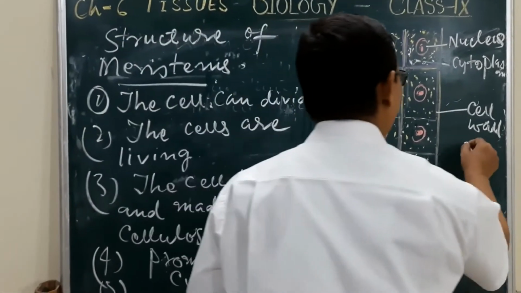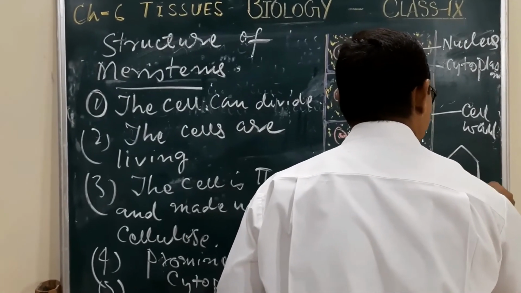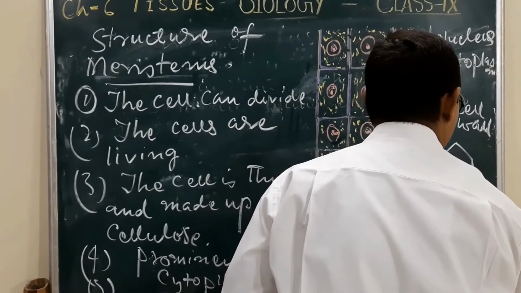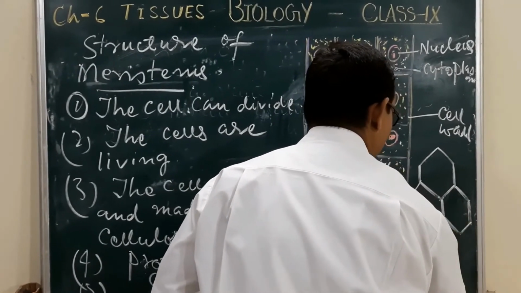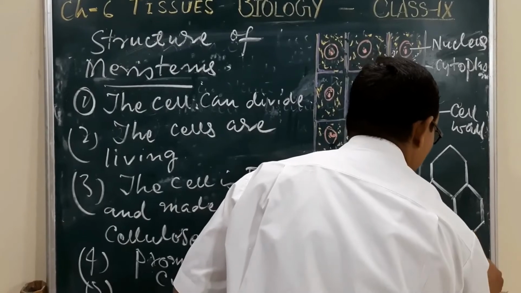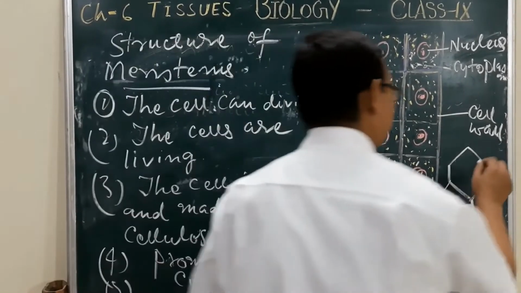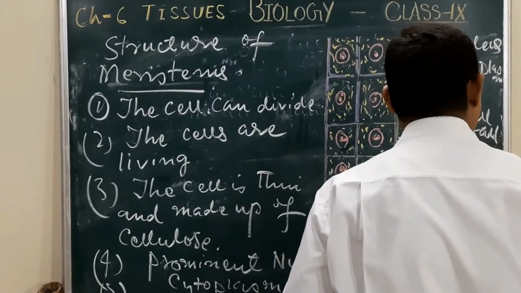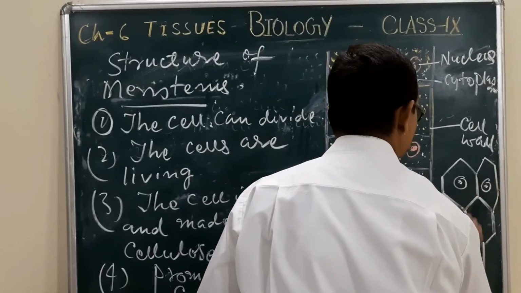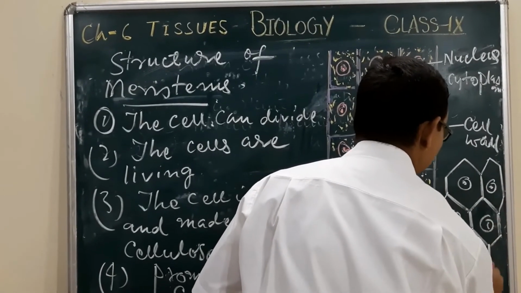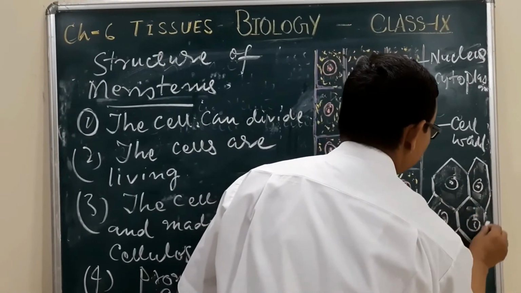If you draw this type of shape like this type of cell, polygonal, here also you may not see the intercellular spaces. Here the nucleus, here the nucleus, here the nucleus. So these are some different shapes.